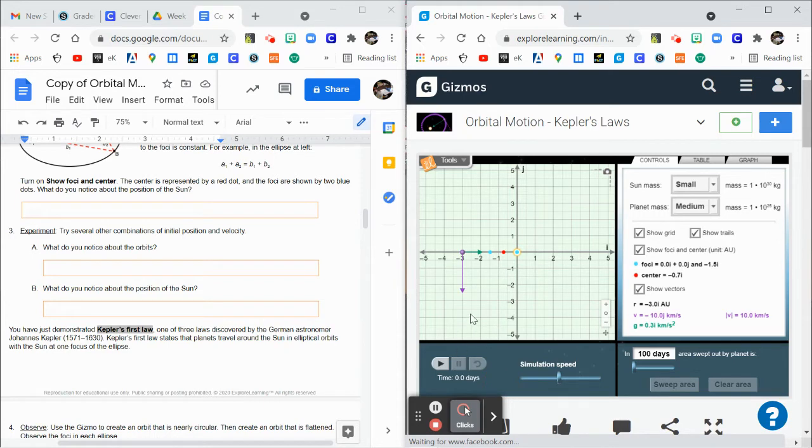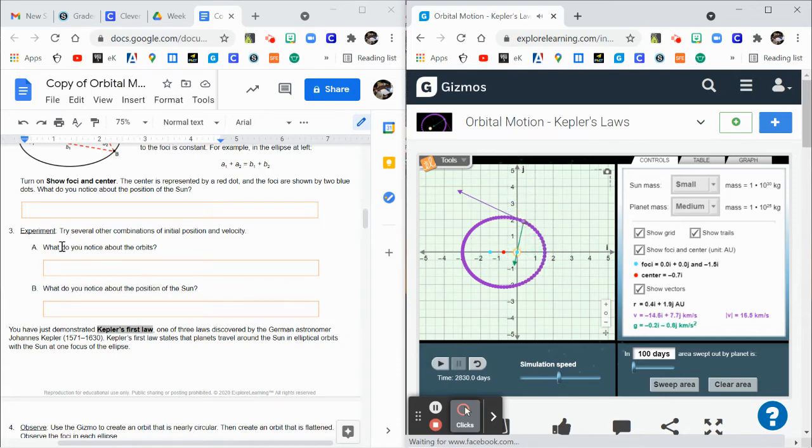Let's try that one. Again, focus and the sun, right?